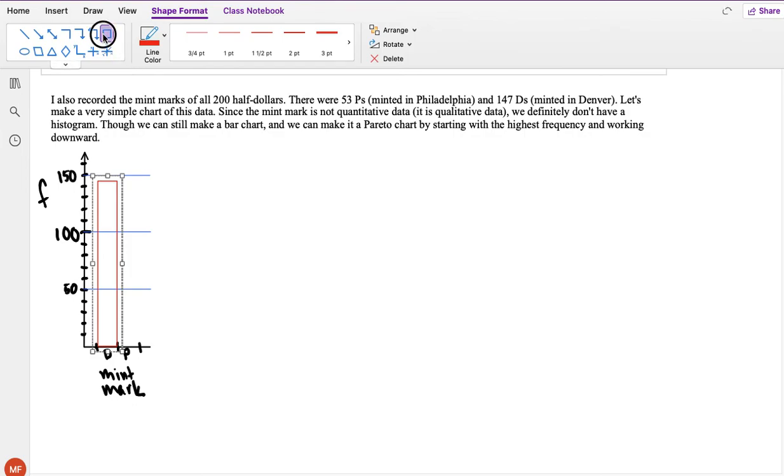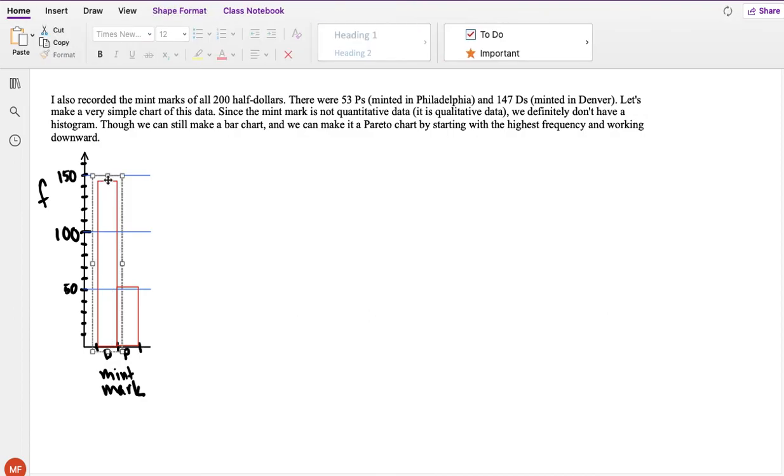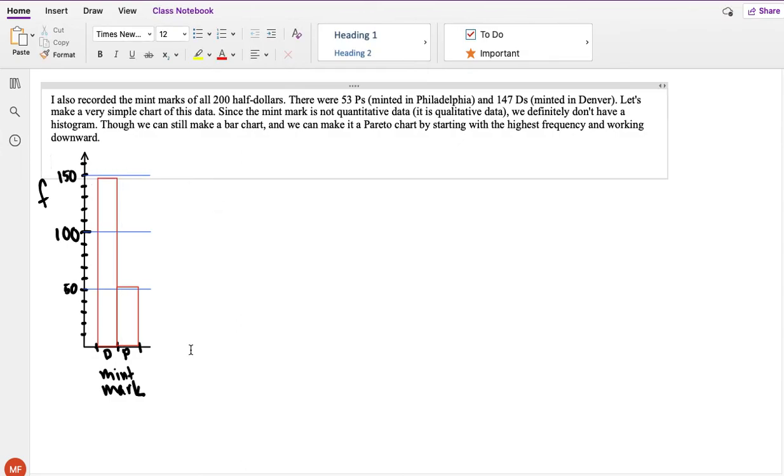And then 53, we would go a little bit above the 50. Not too much. Basically the same amount above 50 that we did for the other one. So that one actually was a little bit low. Let's fix that. Let's go a little bit higher. There we go. Okay. And there's my chart.